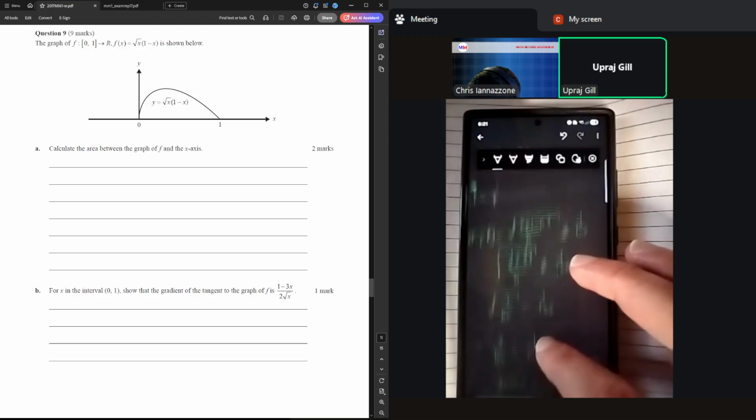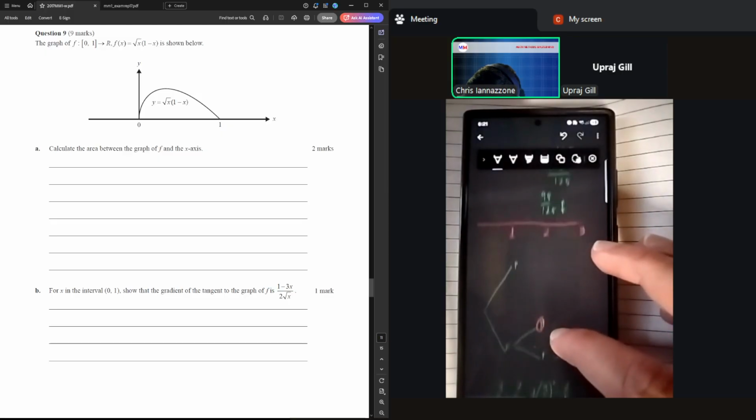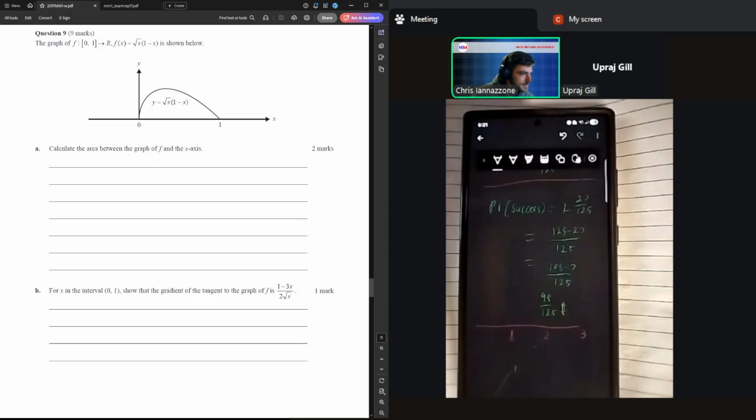Is it 4 on 15 squared yet? Yeah, it's going to be 4 on 15. That's good.